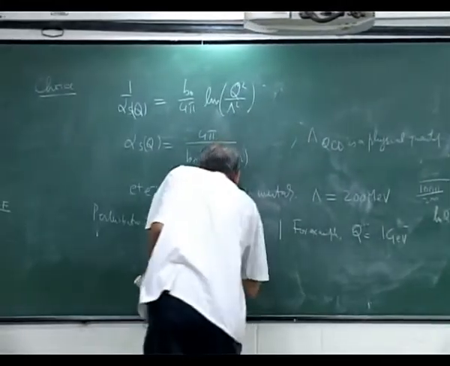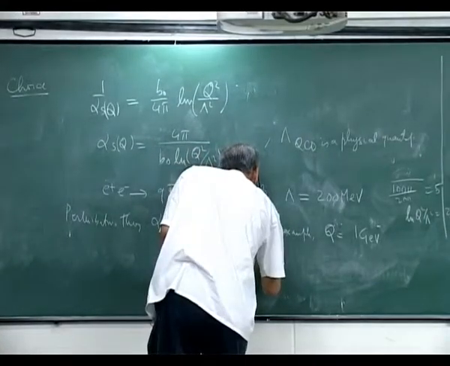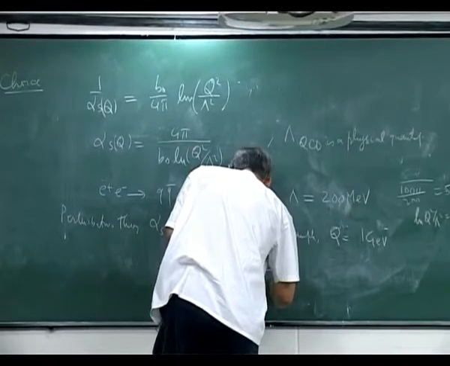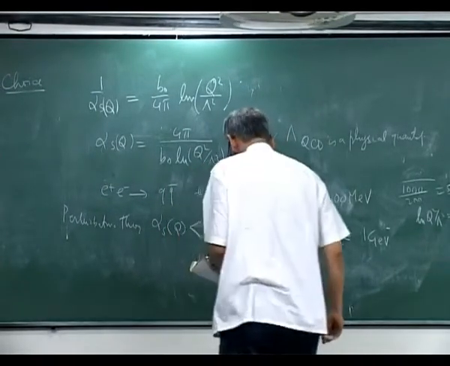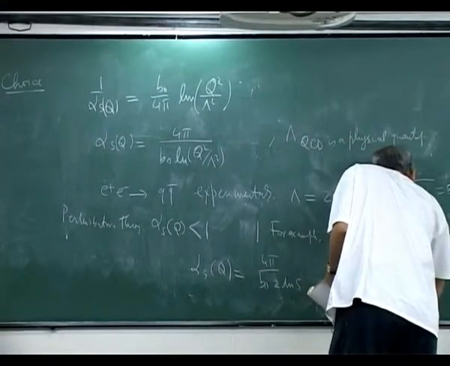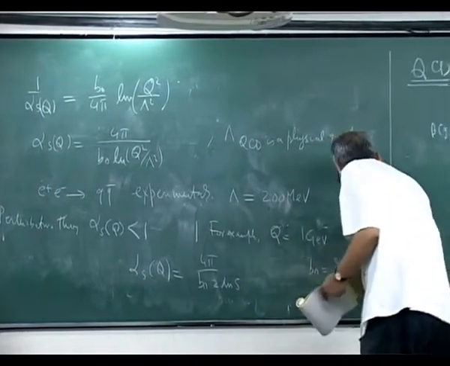That would tell me alpha_s of Q is 4 pi over b naught times 2 log 5, and b naught is (33 minus 2 N_f) over 3, and N_f is 6.